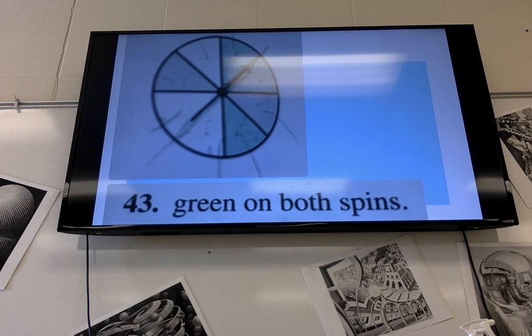The white one doesn't really look super white. Make that look a little whiter. Okay, notice that these are not all exactly the same size.